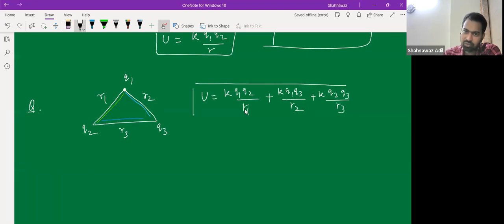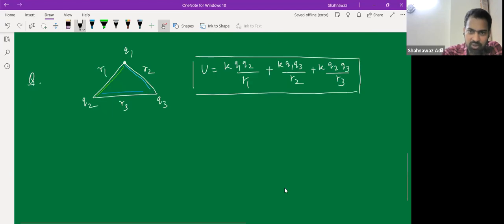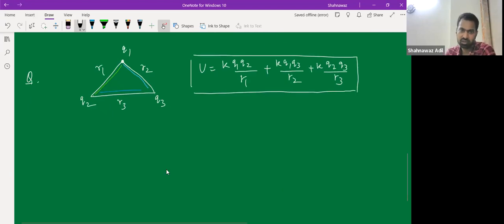If we know that, then let us do one question. Please note it down, guys, and then there is a general formula. Let's say we have n number of charges, Q1, Q2, Q3, Q4, Q5, and so on.